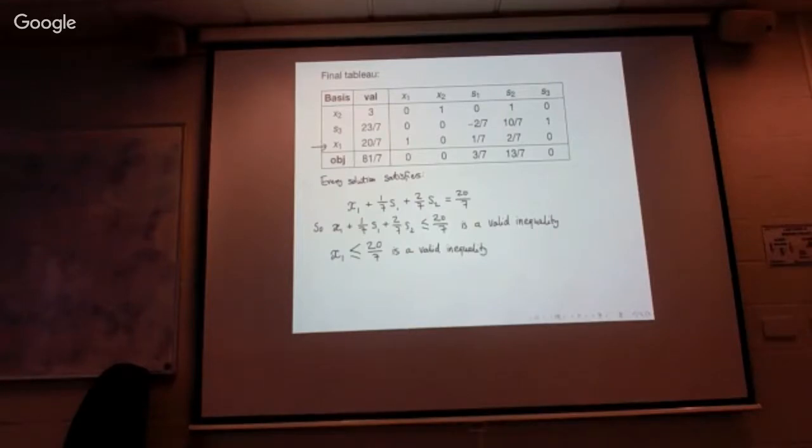And because x1 is integer, I can round down the 20/7, which is just under 3, so that rounds down to 2. So that's about how it works.